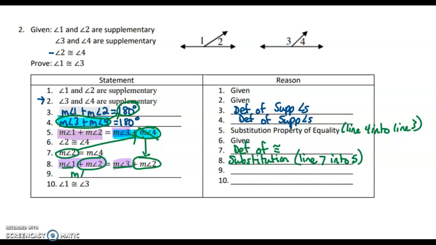So you could subtract angle 2 from both sides, and you'd be left with angle 1 is equal to angle 3. That's the subtraction property of equality, because you're subtracting the same thing from both sides. Now you're going from angle 1 equals angle 3 to angle 1 congruent to angle 3. So you're just switching from equals to congruence. And when you switch from equals to congruence or congruence to equals, that's the definition of congruence.